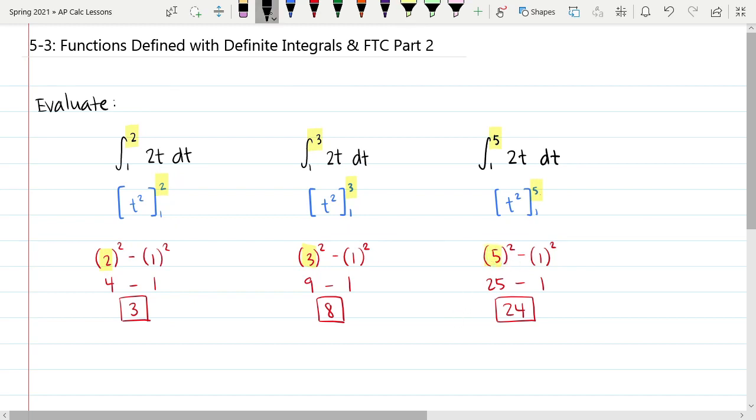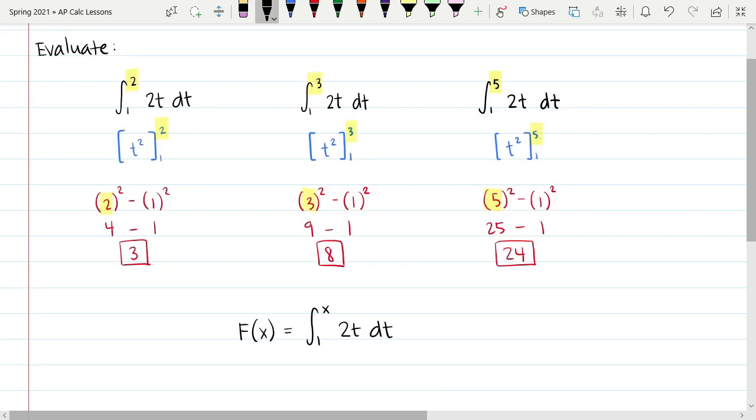What that means is we could think of this definite integral as a function where the independent variable was the upper limit. In other words, I could think of the same definite integral as some function big F of x, which is the definite integral from 1 to x of 2t dt.